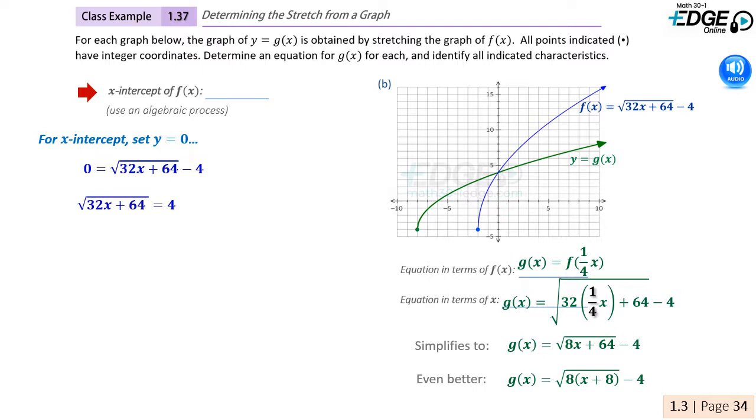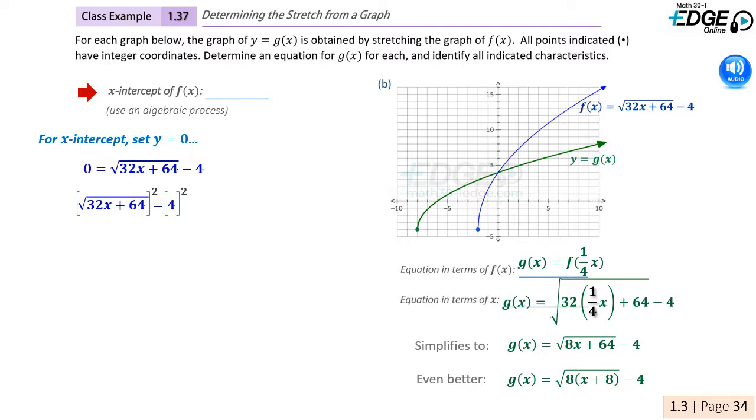In this first algebraic step, I've actually added 4 to each side, but then just for ease of writing it, I've swapped the sides so that the square root is on the left side. Think back to Math 20. In order to solve a radical equation, we want to square both sides once the root is isolated.